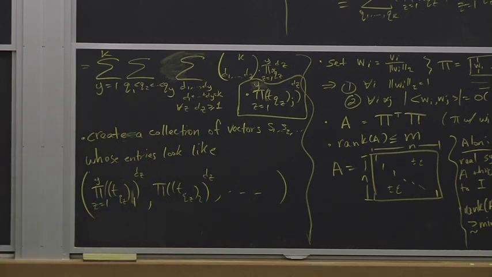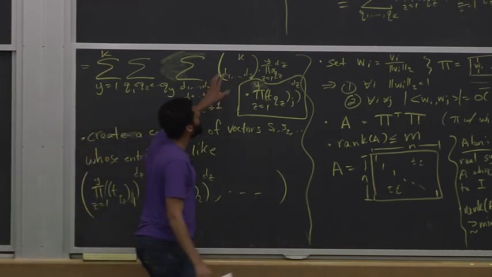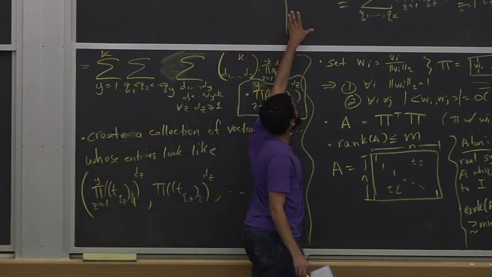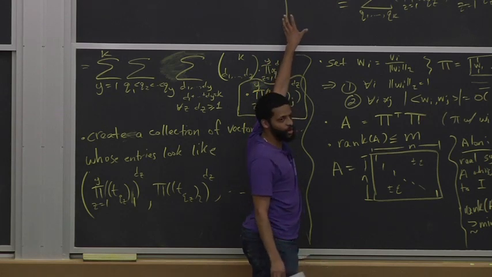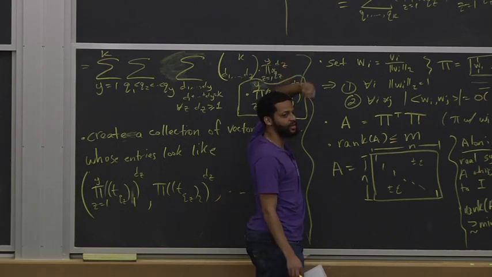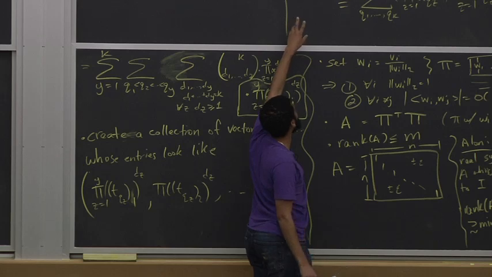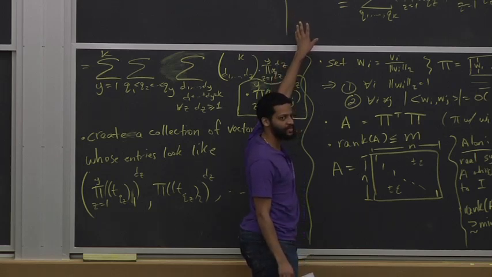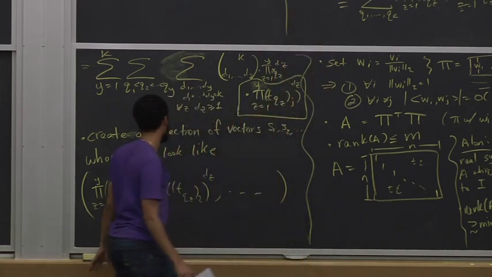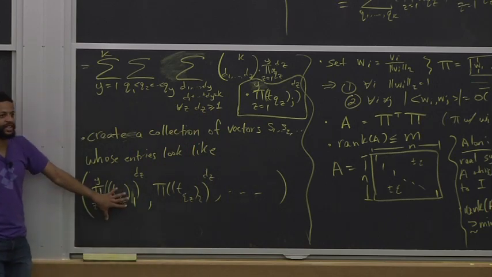Okay? What we just showed is that any row, any ith row of this k-th power, not quite power, but this k operation on A, is a linear combination of vectors that look like this.